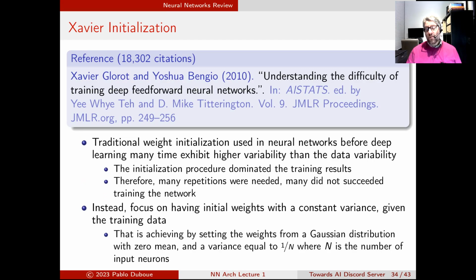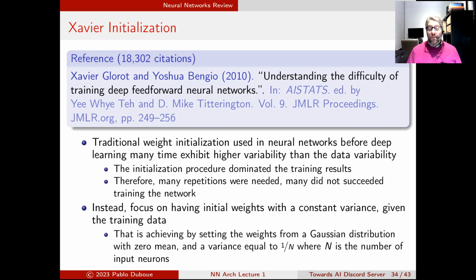Something that was quite a breakthrough for neural nets when it was discovered is the issue that weight initialization before deep learning was assigning too much variability to the weights, which in turn means that the initialization procedure was dominating the training results.